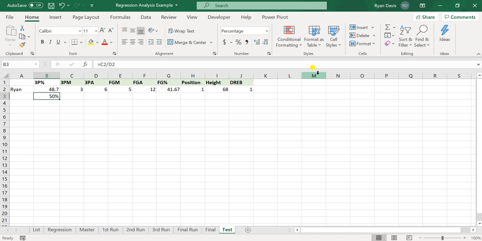The computer is just trying to guess based off of completely random numbers. It doesn't know what a 3-pointer is. So it's pretty close. It's guessing that I shoot almost a 49% three. In reality, I shoot a 50% three.